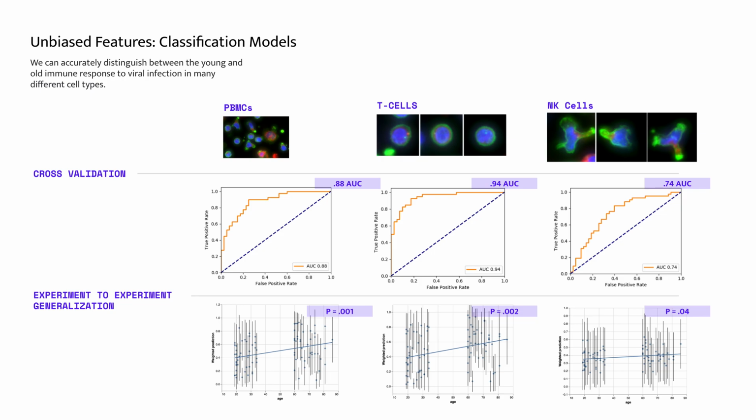Then the classifiers are trained on each individual cell type to predict a young response from an old response. The performance varied between 74 and 94 AUC depending on the cell type.